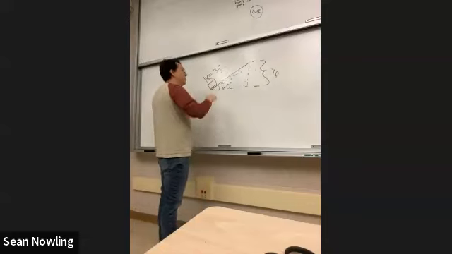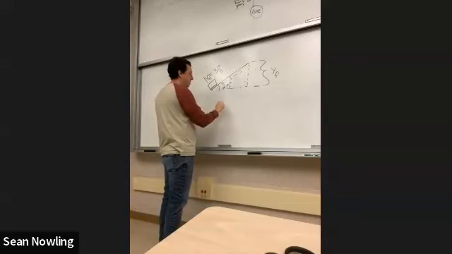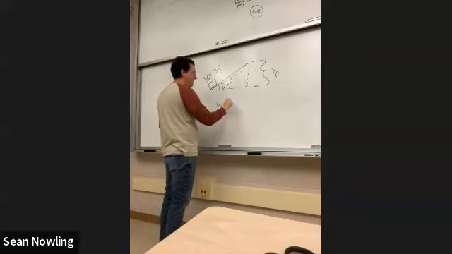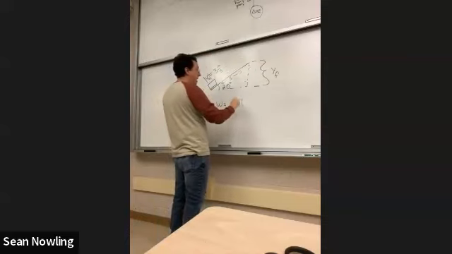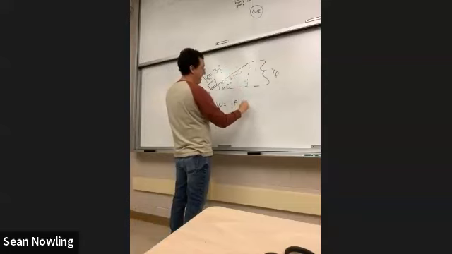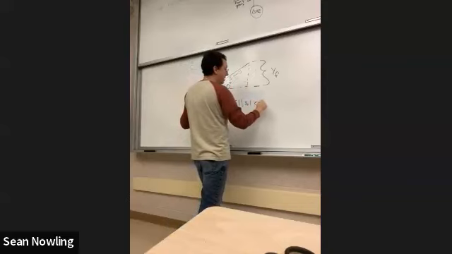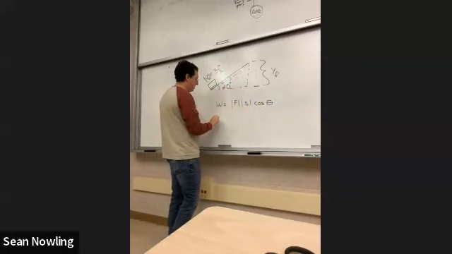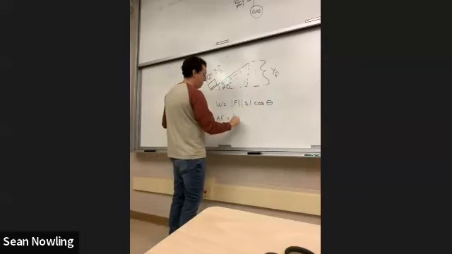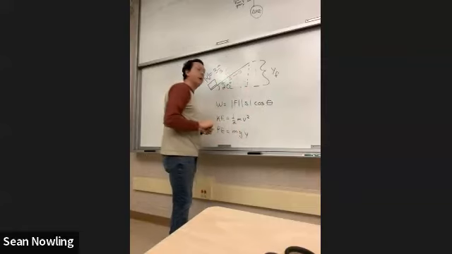Just as a reminder, the formula for work from a force is the magnitude of the force times the distance it acts, the change in position, which in this case would be S, right? And times the cosine of the angle between them. We also have kinetic energy, which is 1/2 mv squared, and potential energy, which is mg times the height above the ground.